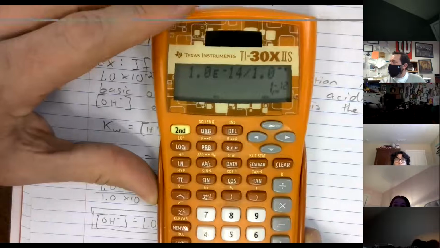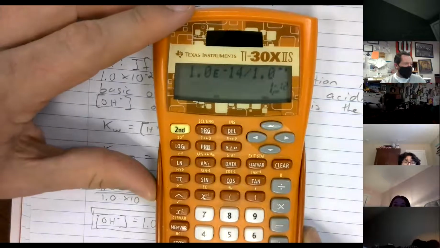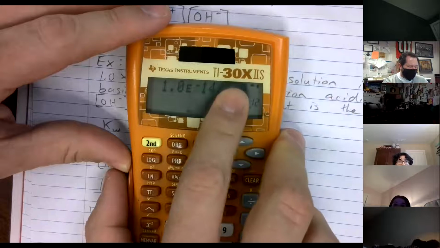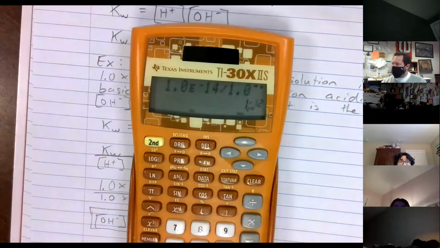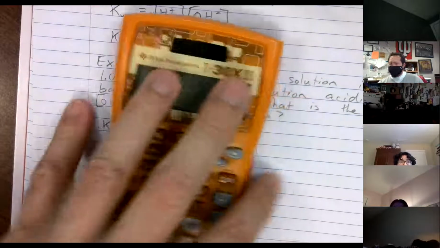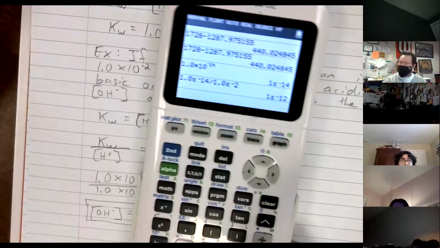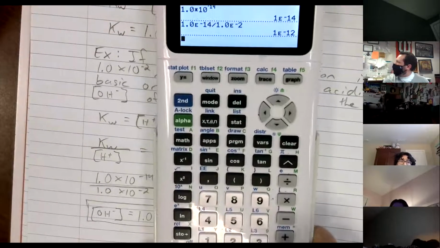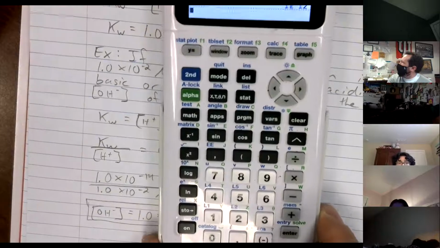Can I borrow that? Oh, yeah, the TI-30X. That's this one. Thanks, Chelsea. Somebody have this type of calculator? This one's a little bit bigger, but it works pretty much the exact same way.